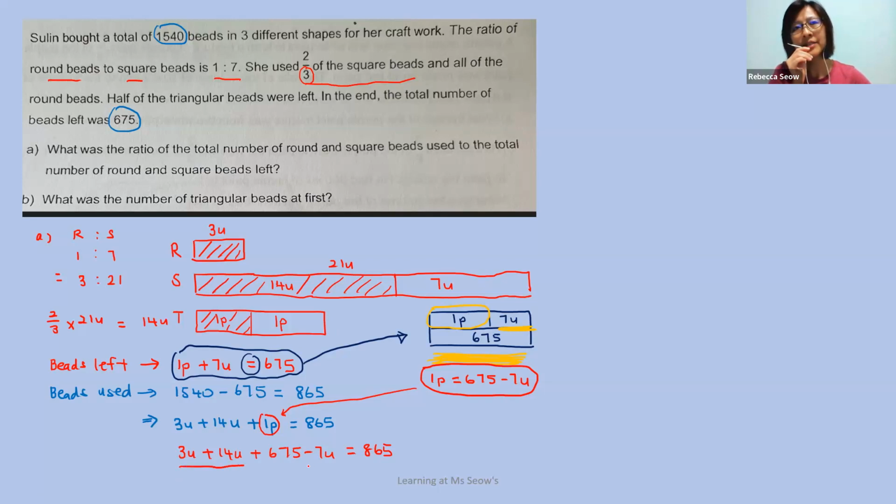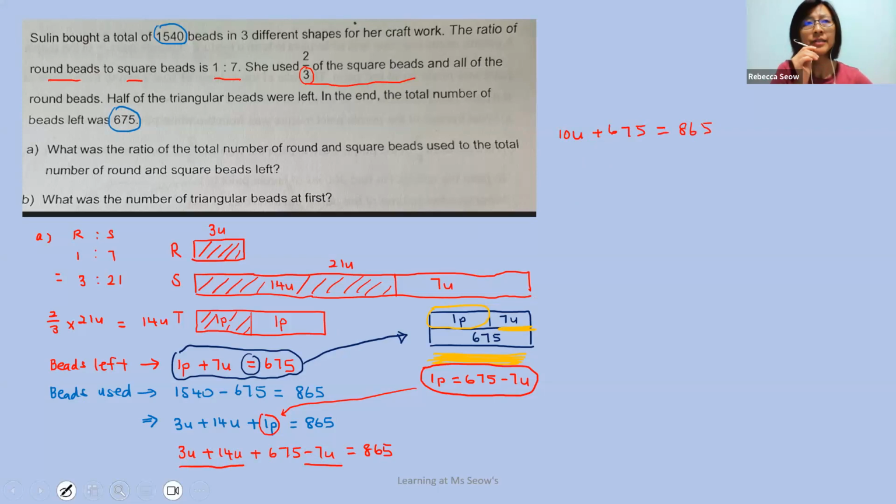On the left, the units can be put together. 3 units plus 14 units gives 17. 17 units take away 7 units gives us 10 units. Plus 675, and that would give us a total of 865.